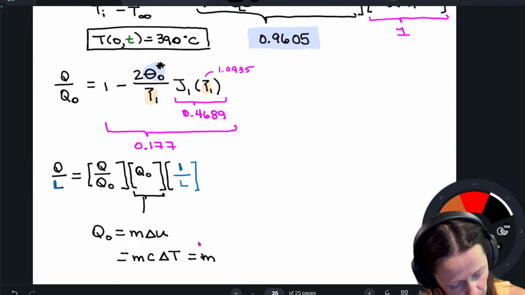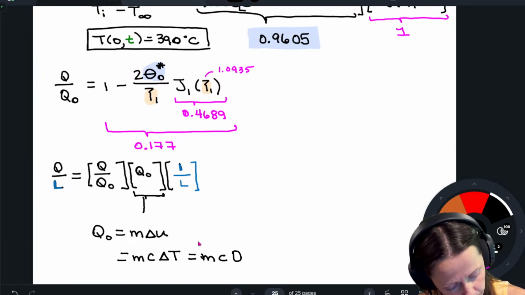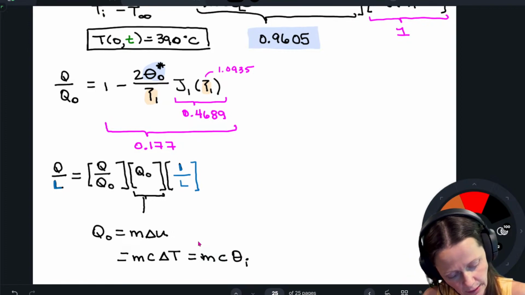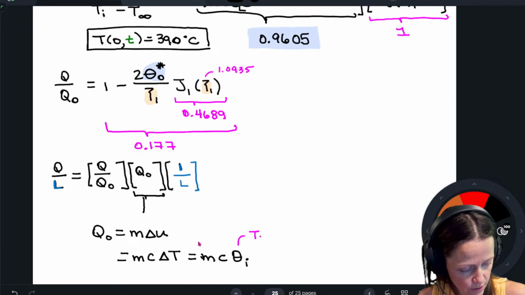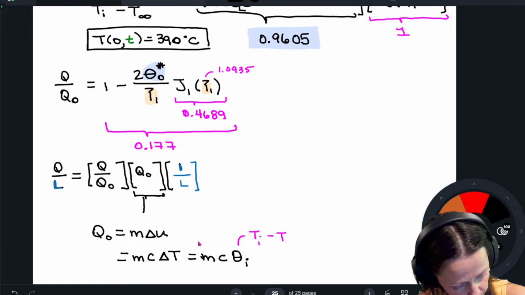So this is MC theta initial, where theta initial is T initial minus T infinity.